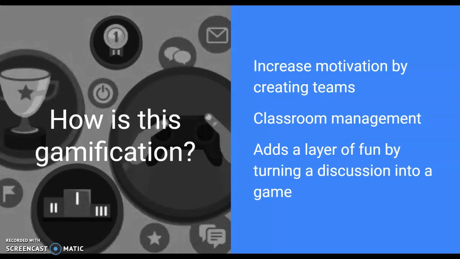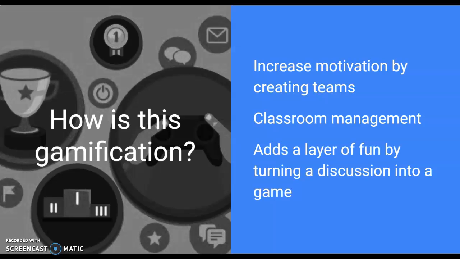So how is this gamification? One is that it increases motivation by creating teams. It also lends itself to classroom management. Students will be getting positive points by being reflective and using text and trying to think about higher level questions.